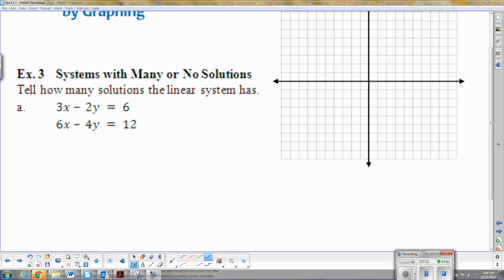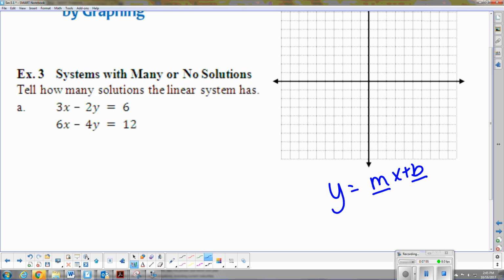Okay, so looking at this example 3, system with many or no solutions, again, you can graph using the x and y intercepts. So go ahead and graph using the x and y intercepts, and then tell whether the system has infinitely many solutions or no solutions. If you end up with y equals mx plus b, where your m and your b are the same, that's the same line.